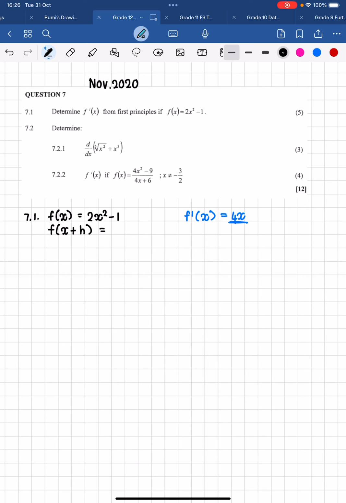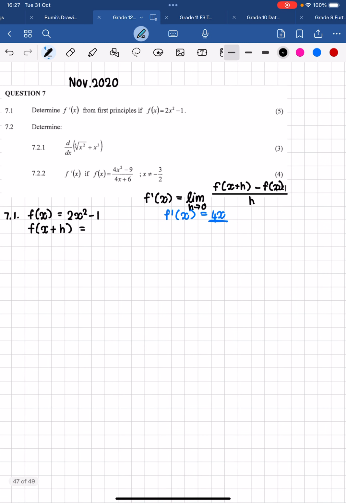Remember that the formula for this is on the formula sheet. In that formula, f dash x is the limit as h tends to 0 of f of x plus h minus f of x, all over h. Right, that is the formula.